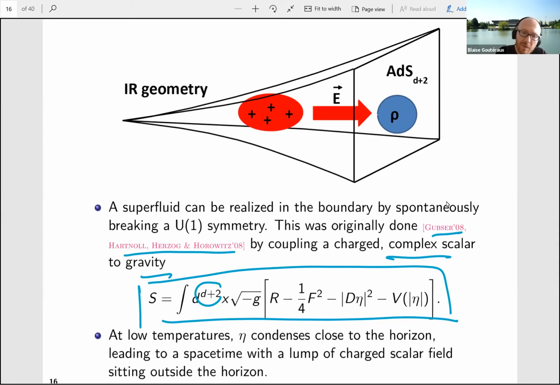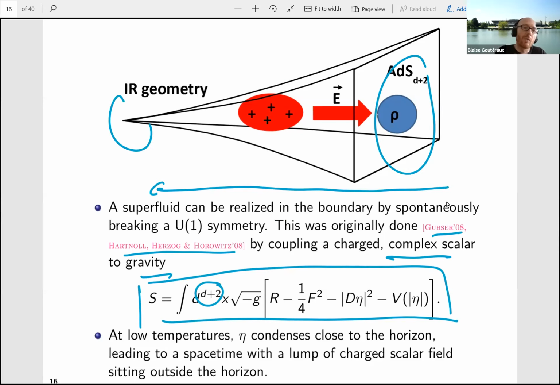So here, notice my conventions. I have an action in d+2 dimensions. So d is the number of spatial dimensions in the boundary. And there's one more dimension for time. And then there's one more dimension that describes this radial coordinate, which spans the space-time from the boundary, where I define the quantum field theory, all the way to the black hole horizon at the other end of space-time, roughly speaking.